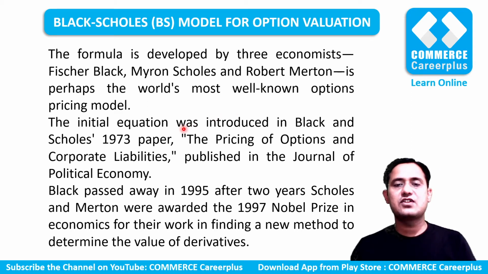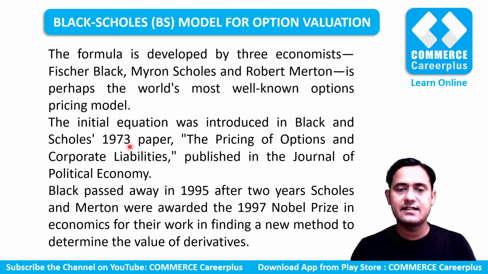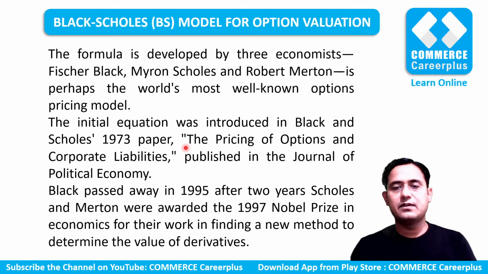The initial equation was introduced in the 1973 Black and Scholes paper, the research paper titled The Pricing of Options and Corporate Liabilities, published in the Journal of Political Economy.